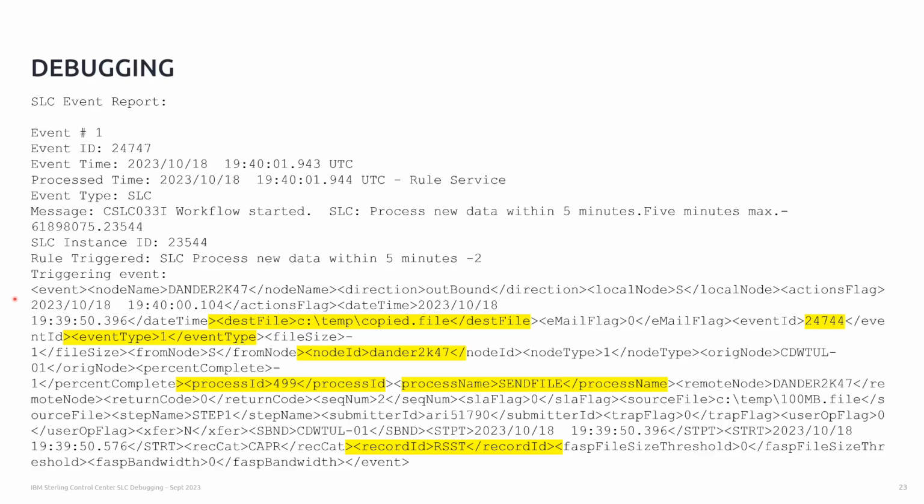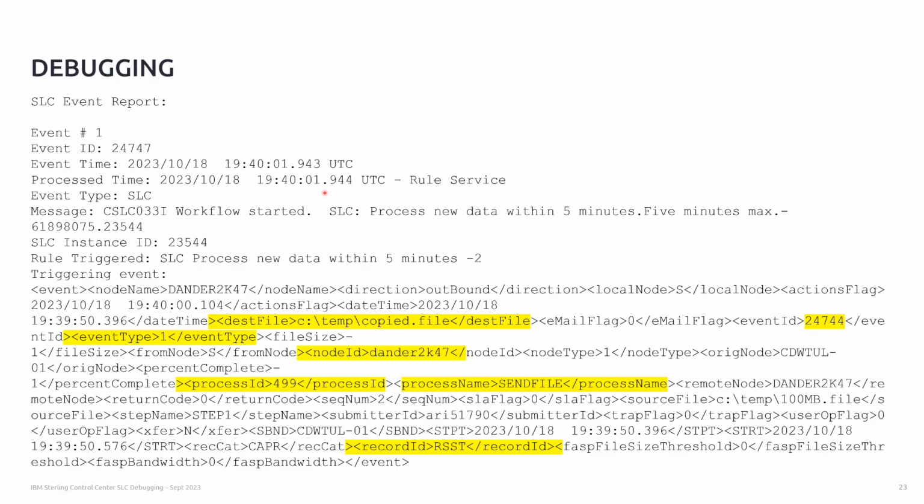So in this case, the event ID comes from here, and the event time comes from somewhere else, right here at the date time. One of the key things to watch is what's the delta between the event time and the process time. And here we can see it's negligible. So delays in processing events are most likely not going to be the problem here.